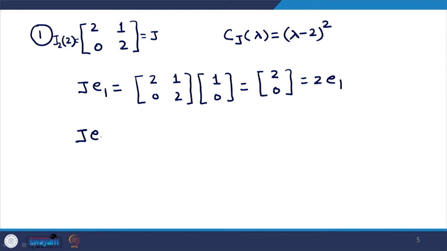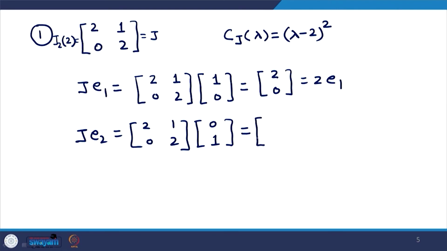Similarly, J E2 is 2 1 0 2 times 0 1. Here it comes out to be 1 and then 2. So, this is equal to 2 times 0 1 plus E i minus 1, that is E1, 1 0.